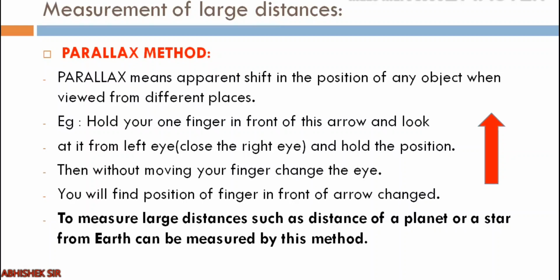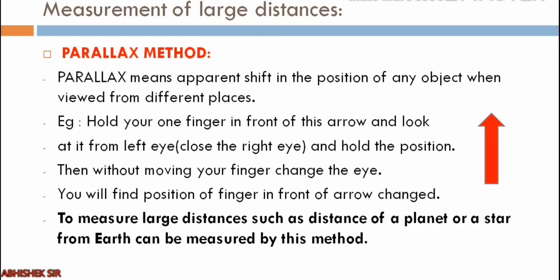Now how is this method helpful for us? The large distance, such as the distance of a planet or a star from earth, can be measured by this method. Clear? So instead of our eyes, we will look at that planet, suppose the moon, right? We will have to see the moon from two different, distant places on the earth.